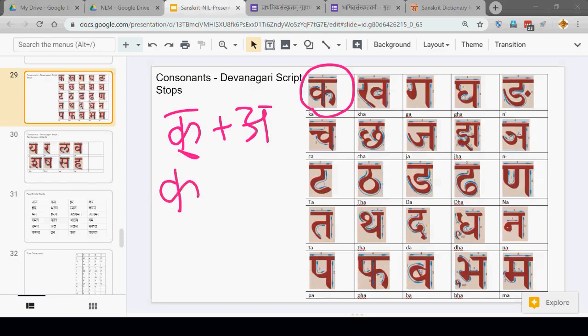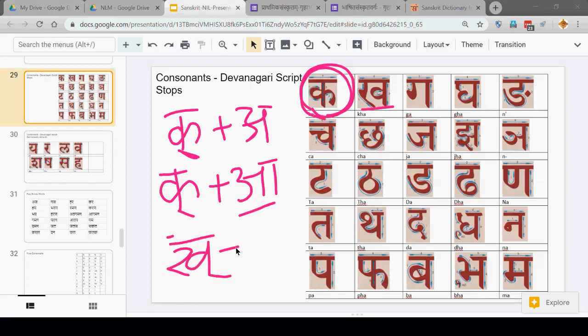So similarly, when we add a sound to any of these consonants, for example, the first one, k plus a becomes ka. Similarly, kh plus a becomes kha. G plus a becomes ga, and so on.